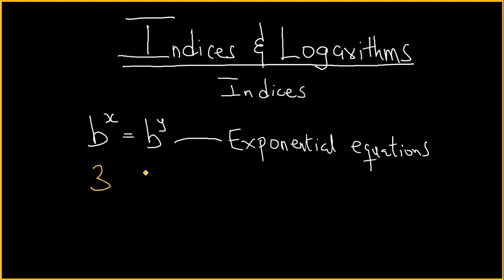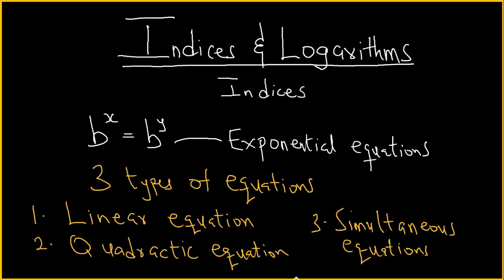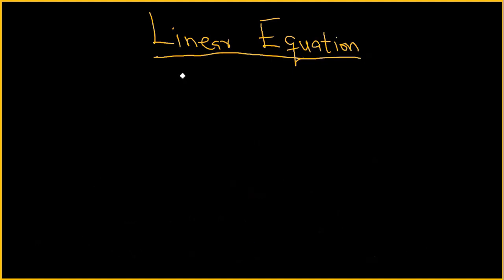So we have three basic types. Now let's begin with the linear equation. Every linear equation is of the form... Now the highest index or power of every linear equation is 1.